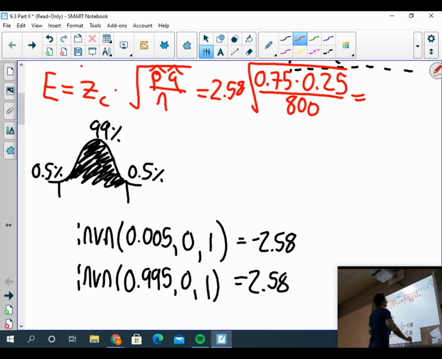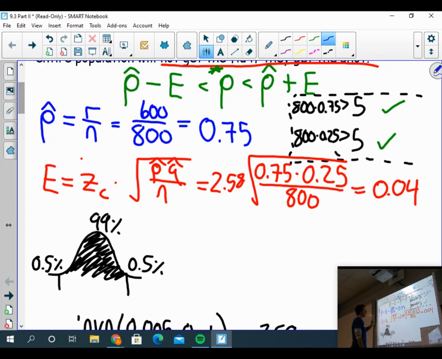And now I can calculate my error, which when I multiply that out, I end up with 0.04. I'll round it to 2 decimal places because we're working with percentages.